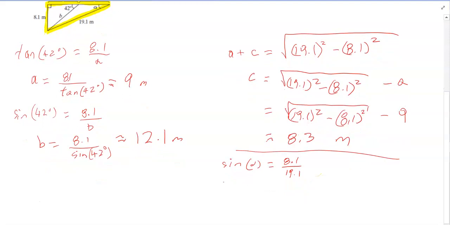Then if we take arcsine of both sides, arcsine of the sine of alpha is equal to arcsine of 8.1 over 19.1. So that means alpha is equal to arcsine of 8.1 over 19.1.